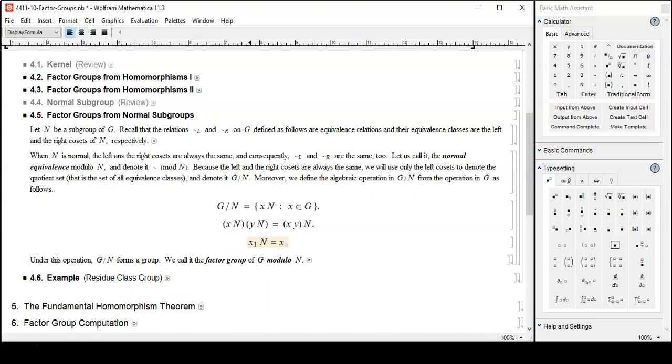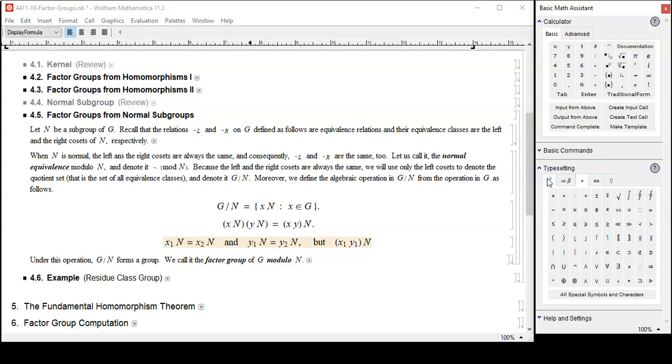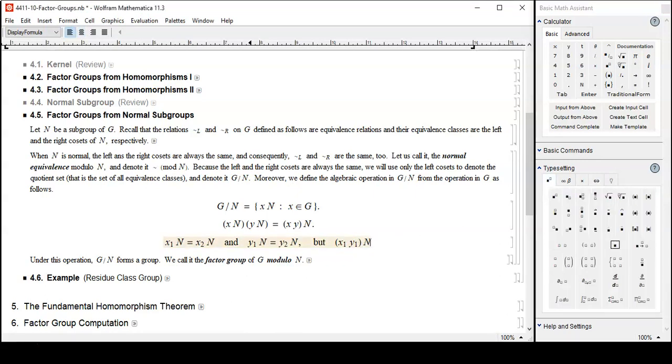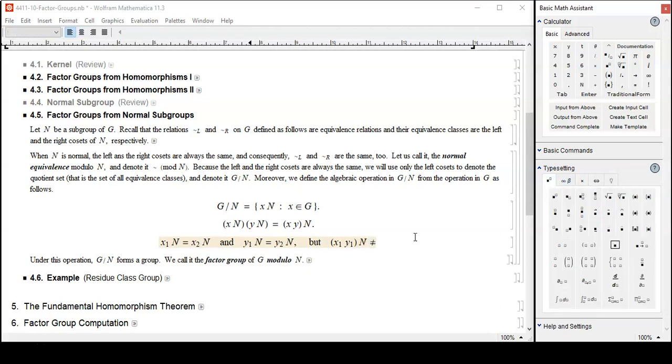In other words, we have to consider this kind of situation. x1N may be equal to x2N, and y1N is equal to y2N, but x1y1N is not equal to x2y2N.